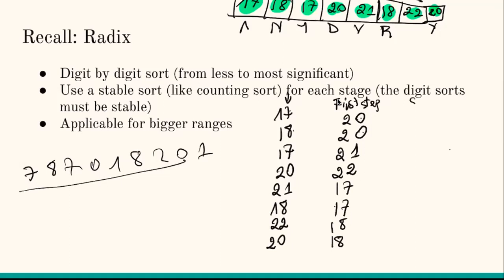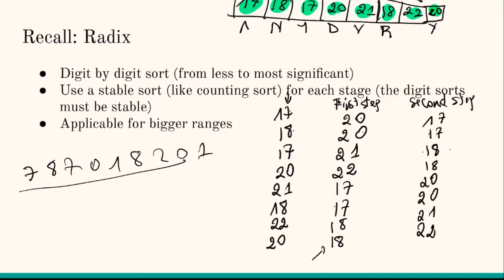The second step: we now sort with respect to this digit, the tens digit. If we sort with respect to this digit, what will be the output? We have 17, then 18, then 20, and so on.